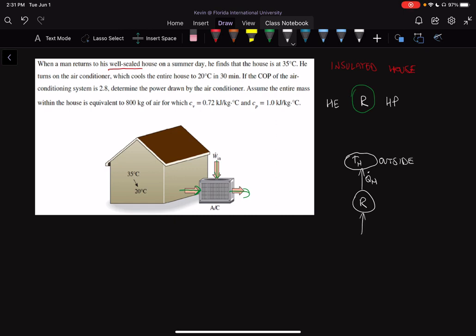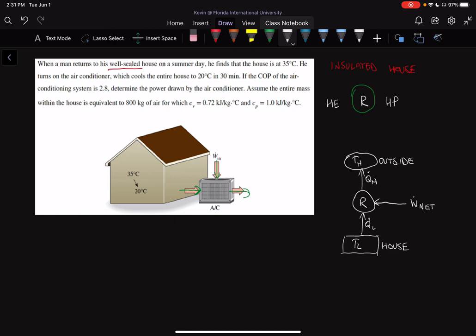And this refrigerator is taking some heat out of the house. And so this bottom part at TL is going to be the house. And in order to take some heat out of the house, which is already colder than outside, we're going to have to do some power or some work net.